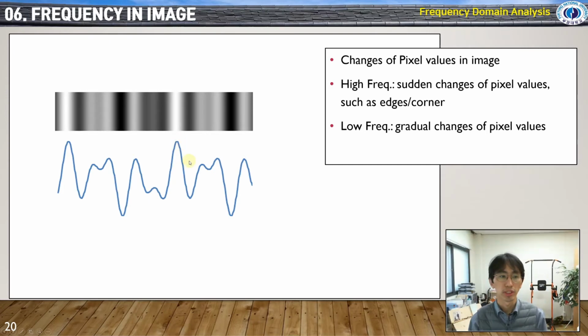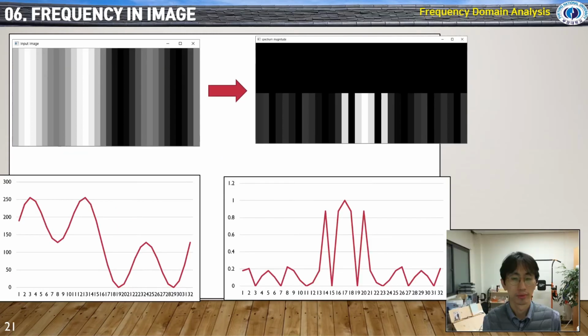So we can express it as a signal like a wave. Higher frequency in an image means sudden changes of the pixel values, such as an edge or corner. And low frequency in an image means gradual changes of the pixel values. Okay, then let's check what happens when we apply the Fourier transform to the image.